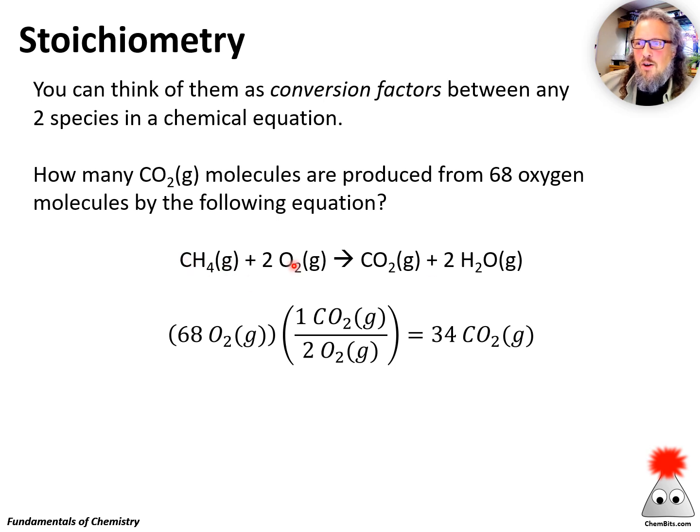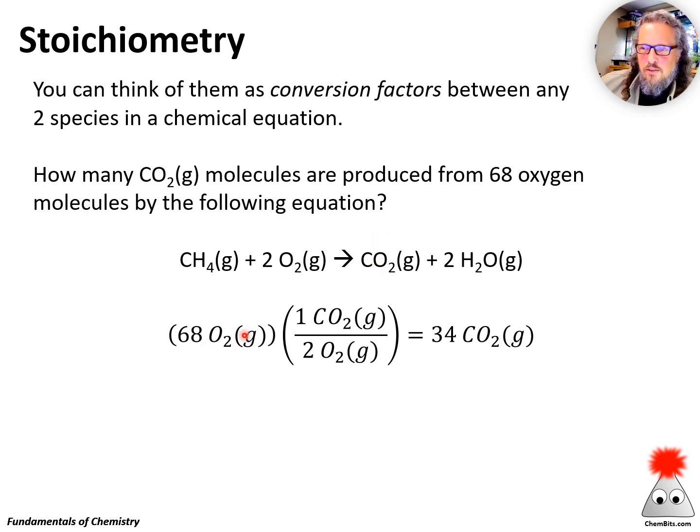Well, here are all of our ratios. Start with what we know. I know that I've got 68 oxygen molecules. And then what am I looking for? I'm looking for the relationship between oxygen and carbon dioxide. So for every two oxygens, I get one carbon dioxide in this chemical equation.